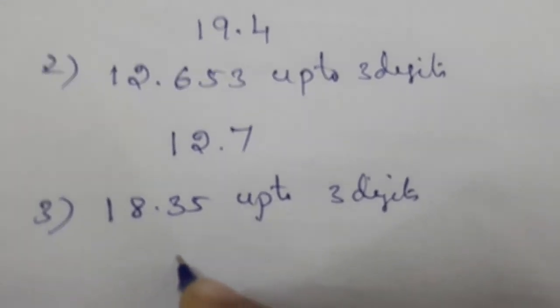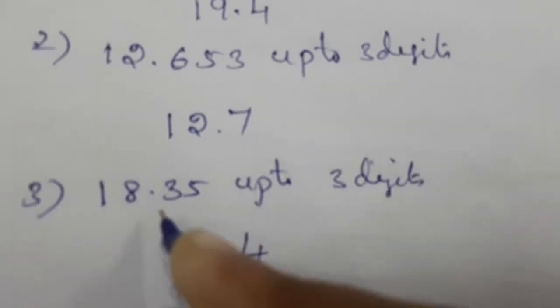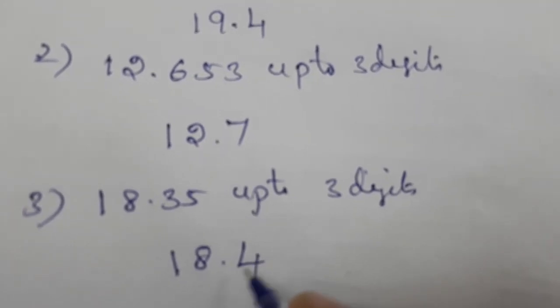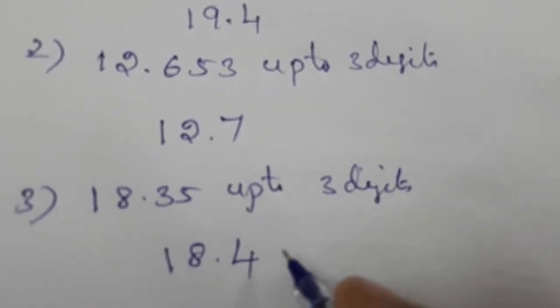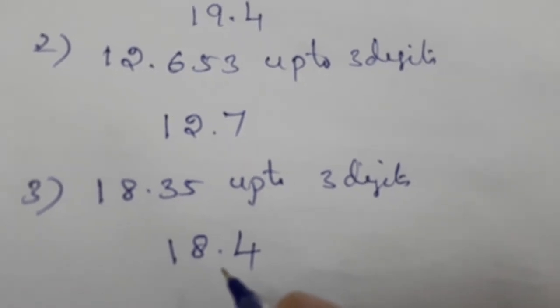How can we round off? 18.35 means it is 18.4. So it is odd. So we have to increase the number by 1. So 18.4. Okay, I hope you understood the rules for rounding off the numbers.